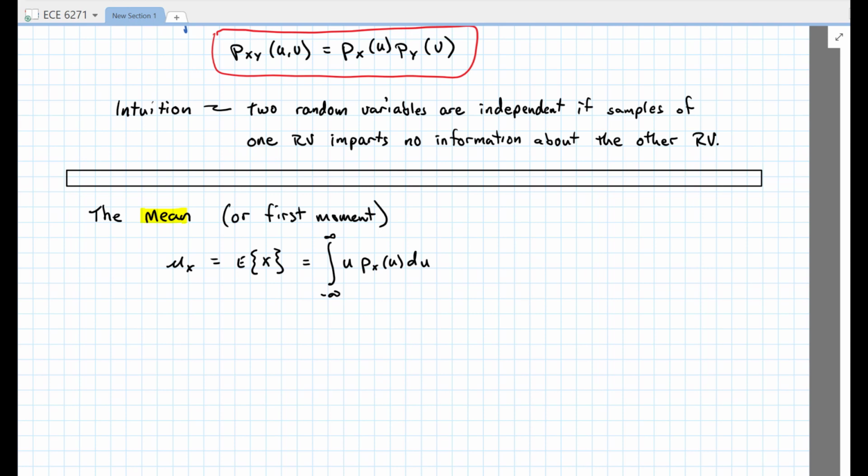So what is going on here? Intuitively, the mean is saying, what are the different values that a variable can take on, and what is the probability that the variable will indeed take on that value. Then let's add those all up.